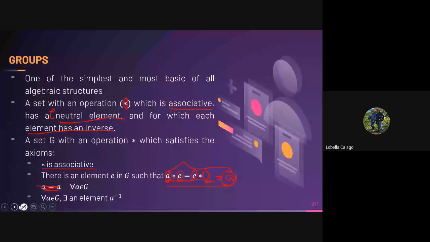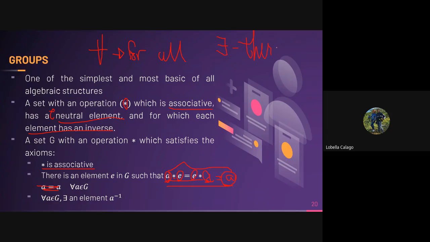Tapos, meron din tayo for all, ito ay isang sign telling that for all yan. Okay, so for all A element of G, there exists.